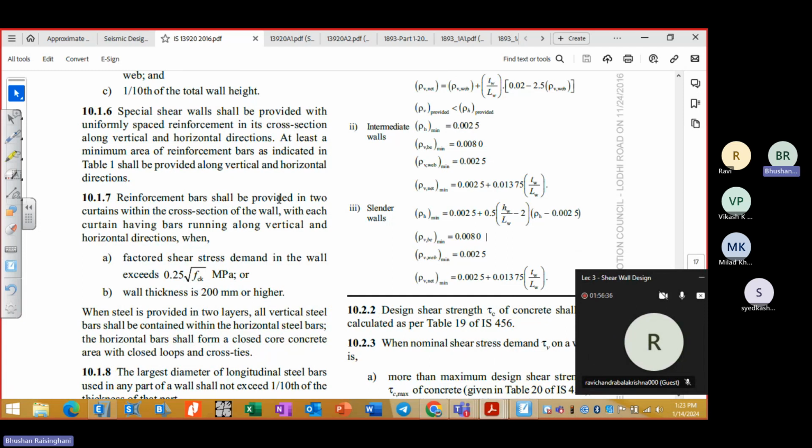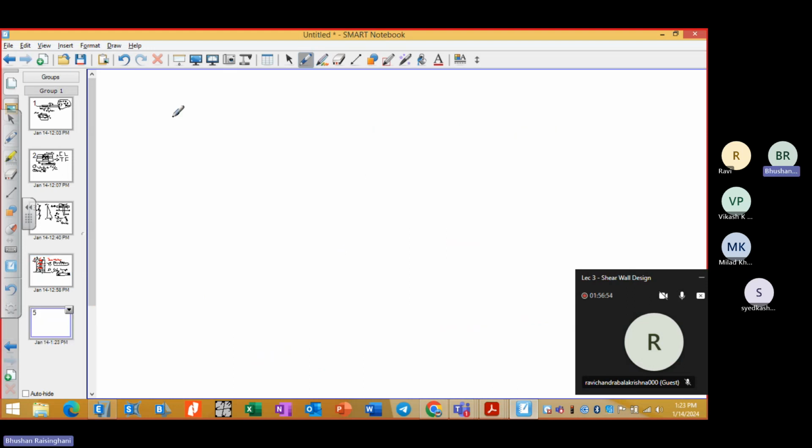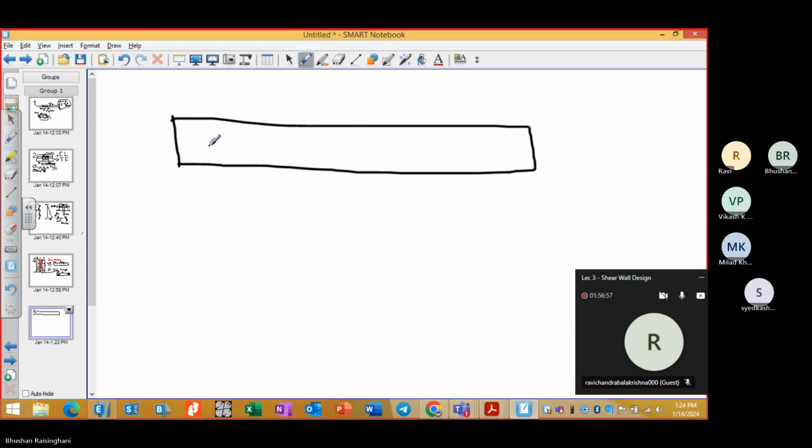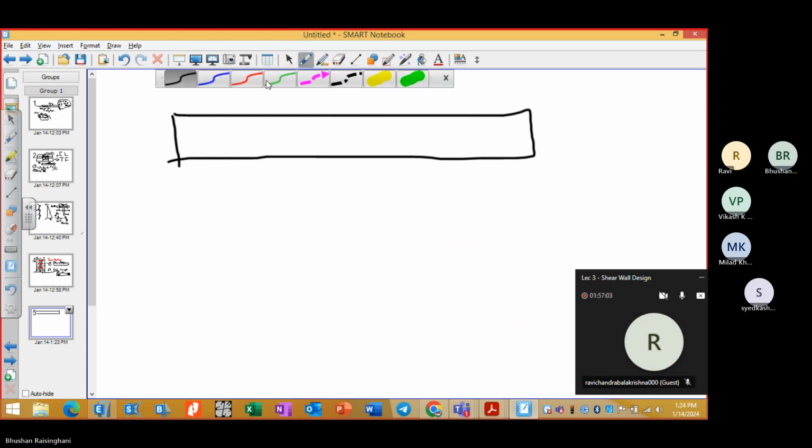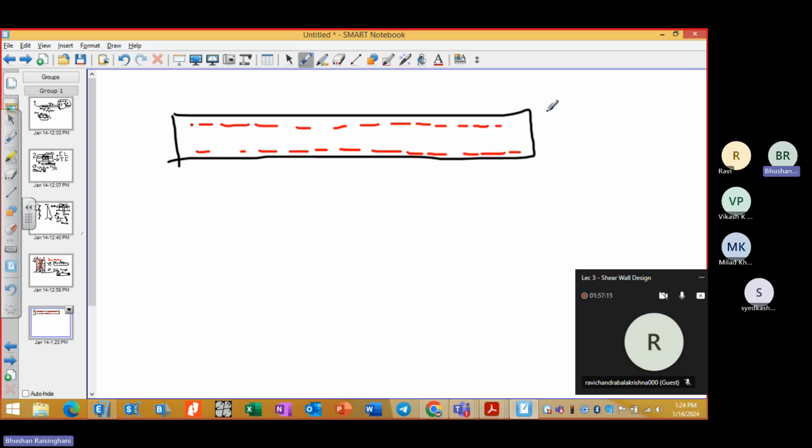Now, reinforcement bars shall be provided in two curtains within the cross section of the wall, with each curtain having bars running along the vertical and horizontal direction, when the factored shear stress demand in the wall exceeds 0.25 root fck or the wall thickness is 200 mm or higher. So basically, if we have a rectangular shear wall, the reinforcement should be provided in two layers, two curtains, when your thickness is 200 mm or higher.